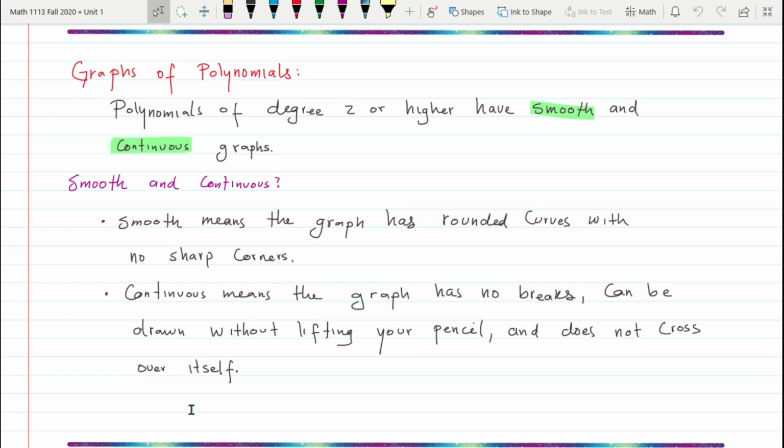Smooth means the graph has rounded curves with no sharp corners. Continuous means the graph has no breaks. Think of it as trying to draw a graph without lifting your pencil off the paper, and also you don't go over the previous line. The lines don't cross over themselves.